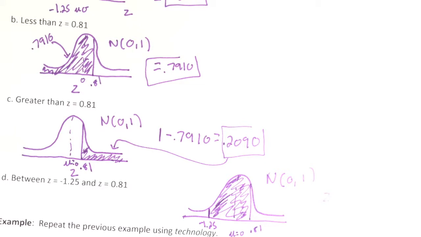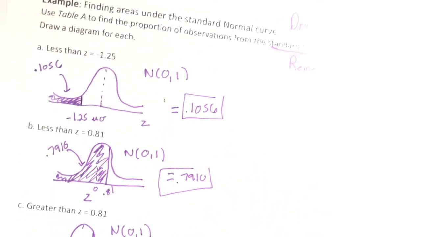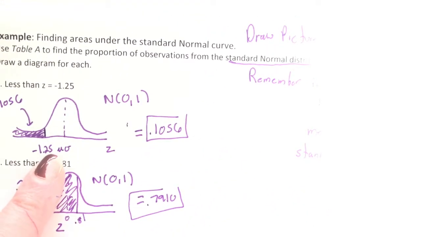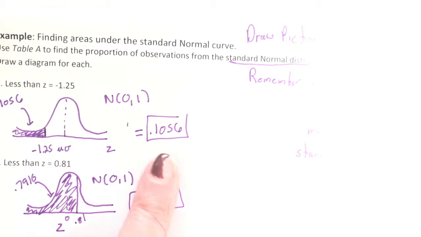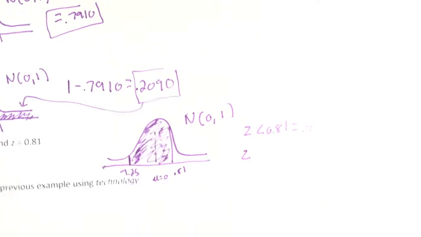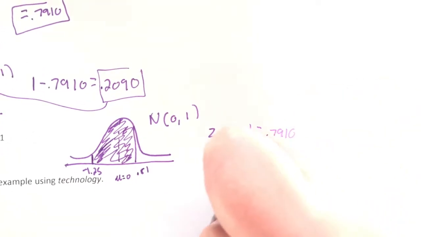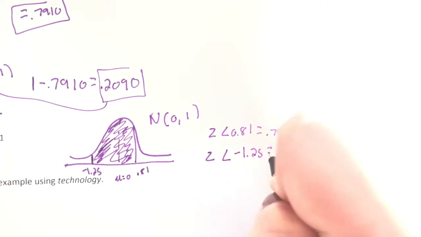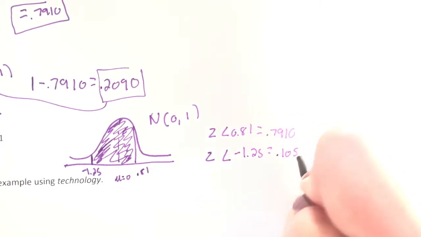So we would take a look at our table and find when z is less than negative 1.25. Well, we already did that up here in step 1. When z is less than negative 1.25, we had an area of 0.1056.